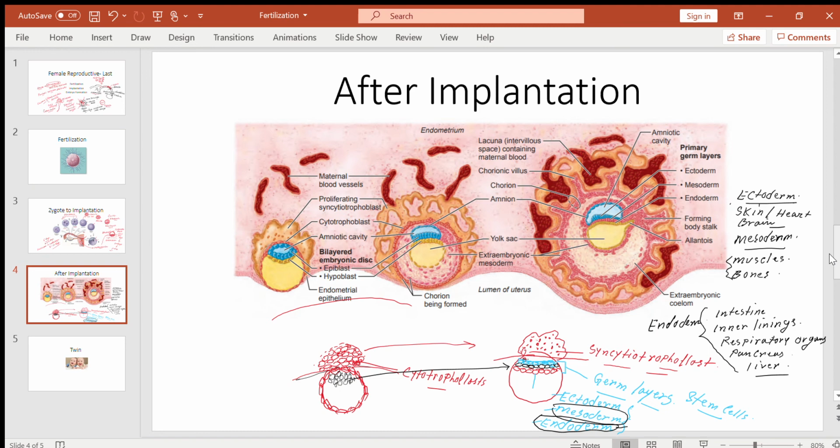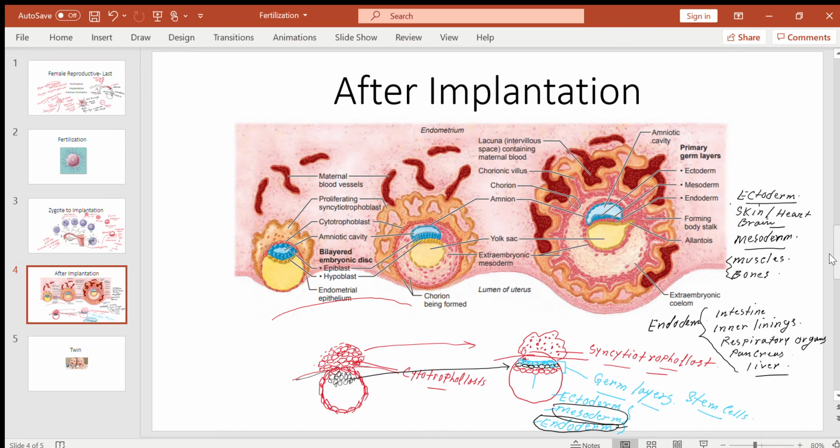Now you need to know that the names of those organs come from those three layers. There is some overlapping, like part of the skin comes from ectoderm, because the skin has two layers, you know that, right? Epidermis, dermis. Also some parts of your heart come from one layer, and other parts from another layer.